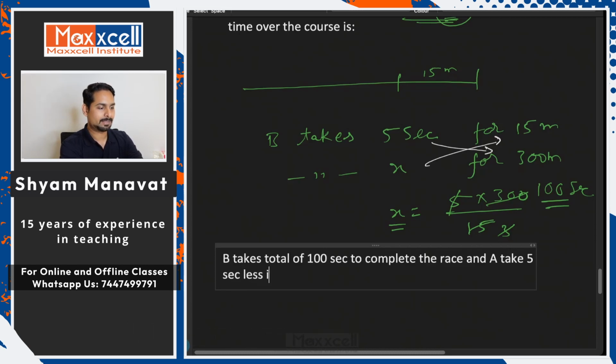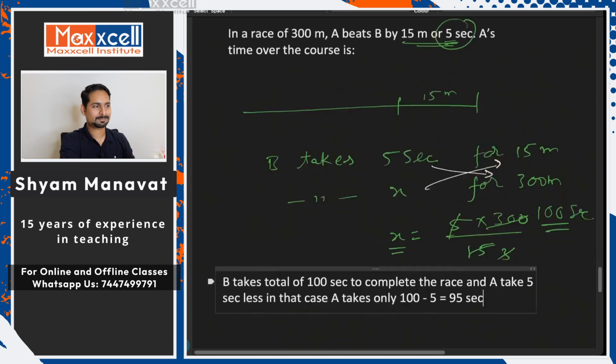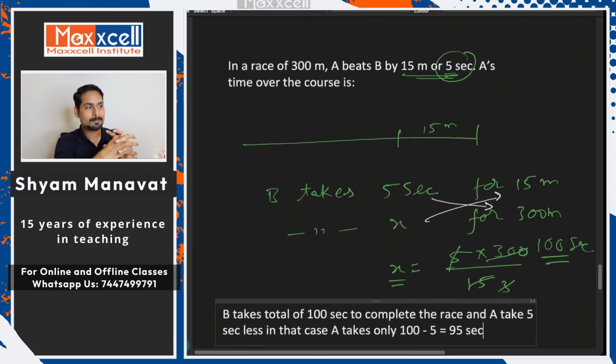In that case, A should take only 95 seconds. Why 95 seconds? Total time taken by B minus 5 seconds. Answer is 95 seconds. You got the answer.